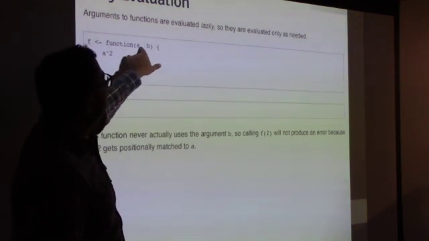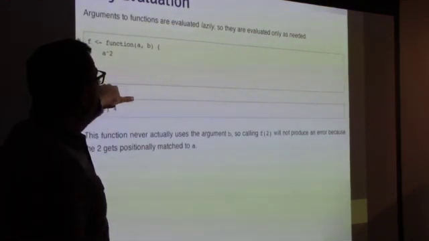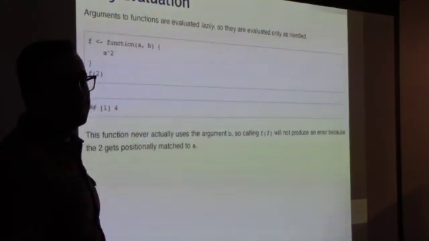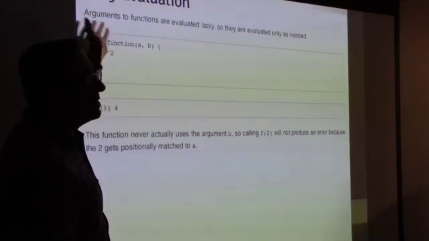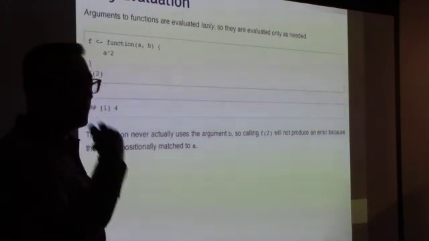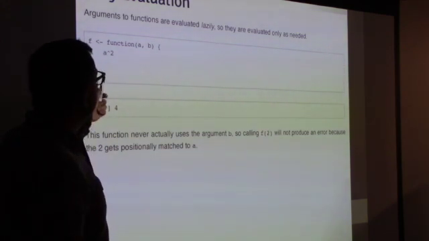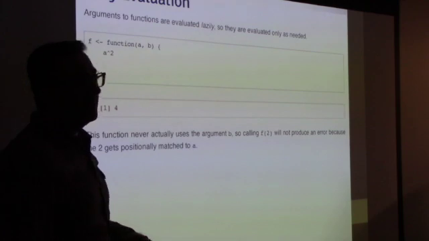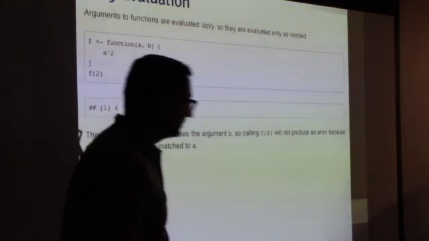As long as I call the function with only a value for a, f of 2 works just fine, because we never use b, we don't care about b. Even if you put it in the definition, it doesn't matter. But if you were to call f of 2, 4, now you have a problem. Okay?